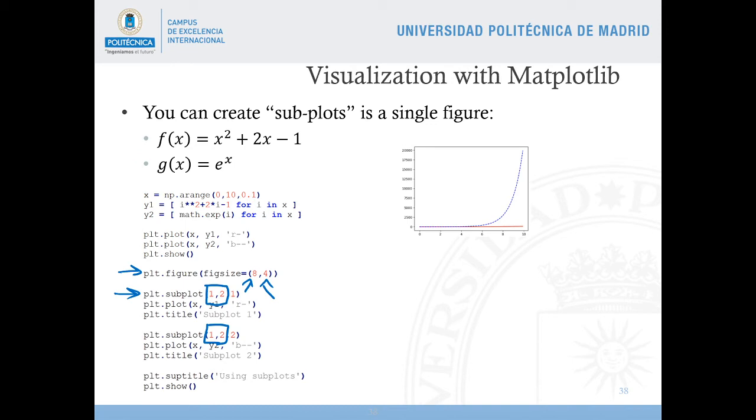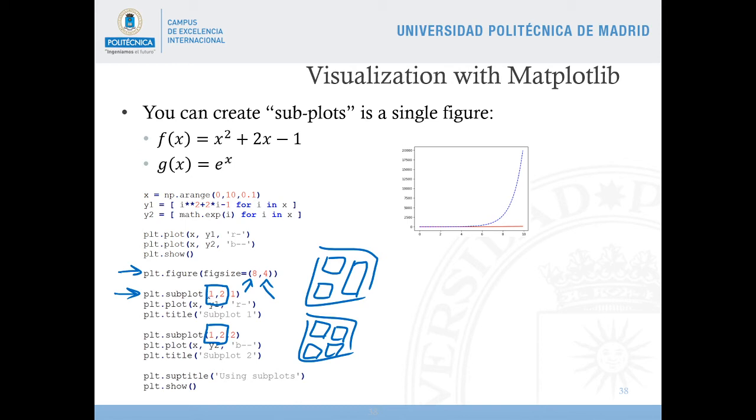We will see later how to create plots with something like this: one plot here, one plot here, and one plot here. In that case, these two first parameters are different. But if we want, for instance, all the plots to be of the same size, we need to write the same in all the cases.